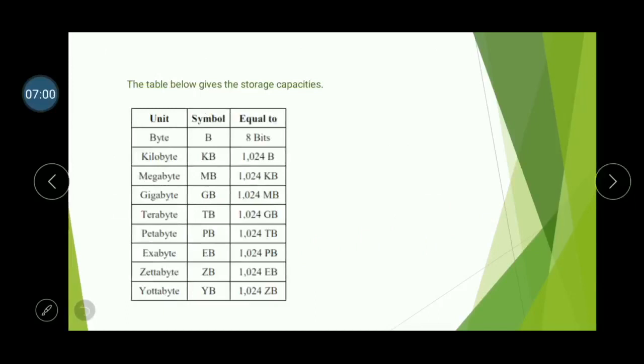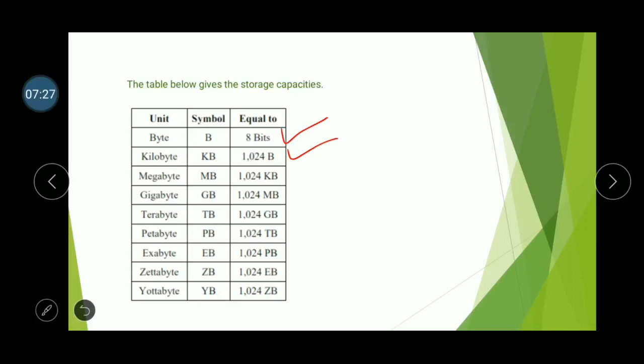The table below gives the storage capacities. Byte, symbolically B, is equal to 8 bits. As I told, 8 bits is equal to 1 byte. After that, KB, kilobyte: 1024 bytes is equal to 1 kilobyte.